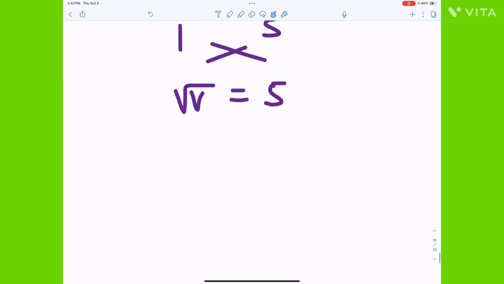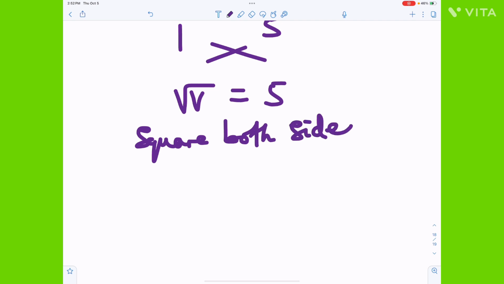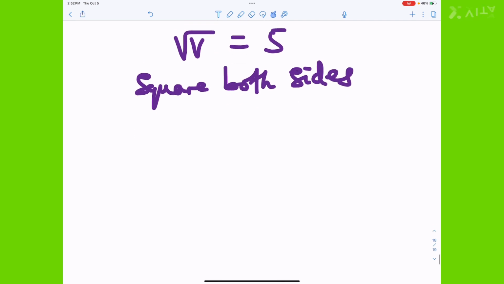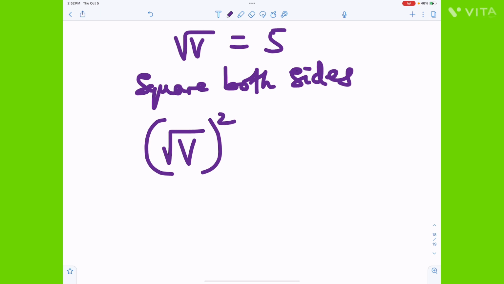If root v is equal to 5, you square both sides to get your v. Root v all squared is also equal to 5 squared. So take note of how we do this. The root cancels out the power.